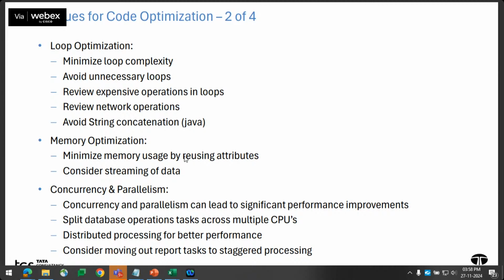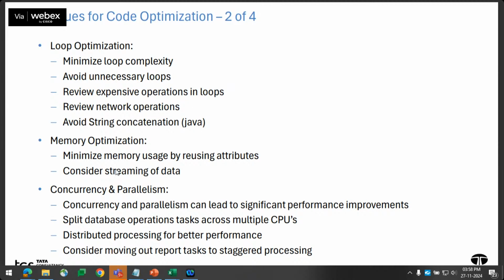The application is used by various components, so memory is not only for your component. It is used by various components within the application. So you need to look at how we reduce the memory footprint for each component.